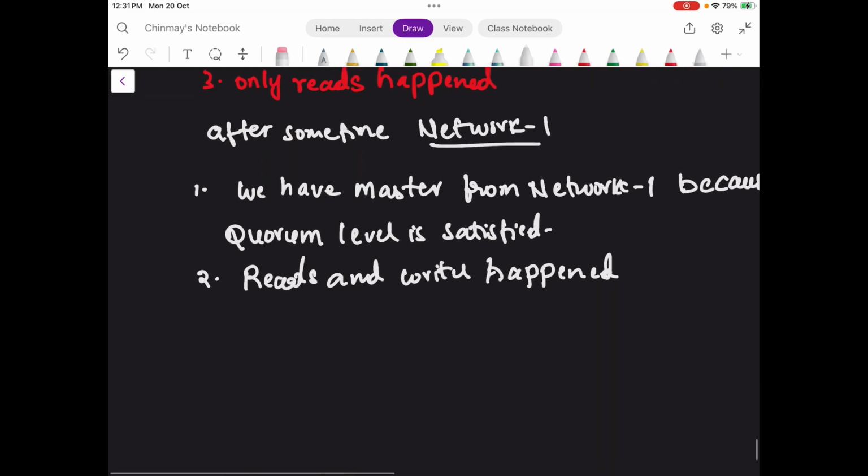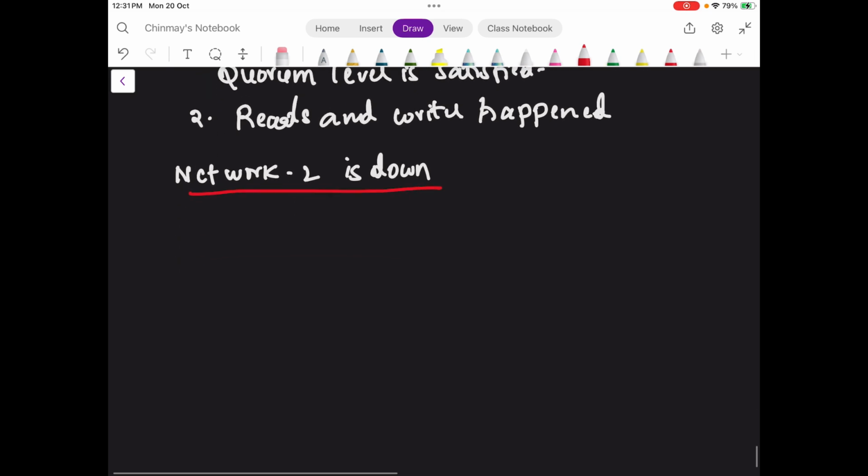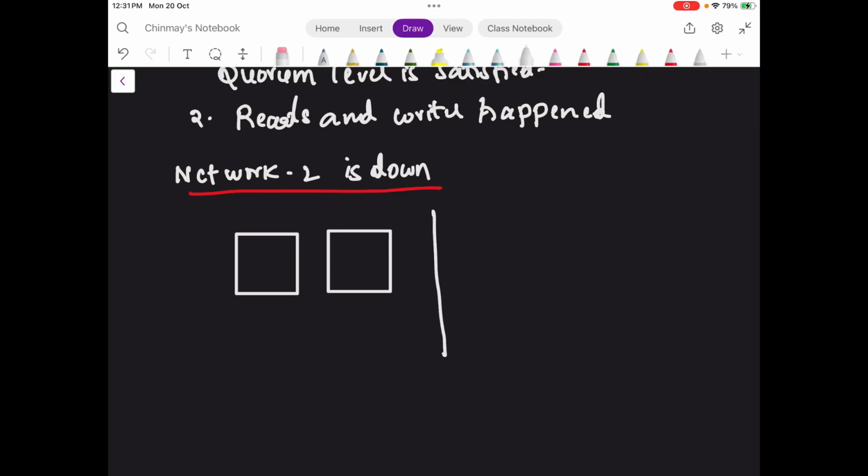Let's assume network 2 is down. We have 2 nodes in network 1 and 1 node in network 2. Now what happened? This is up now, this is completely down.